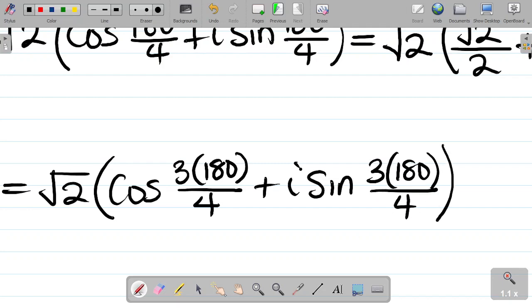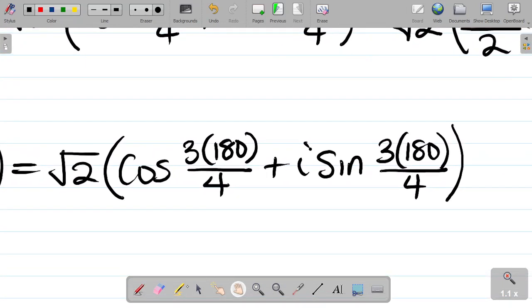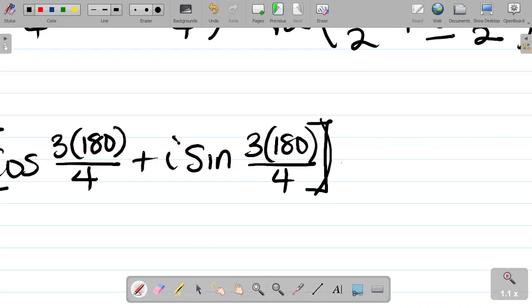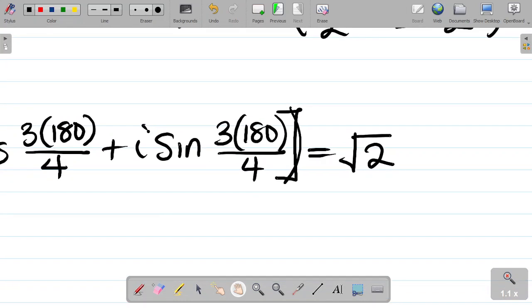Alright, let's solve this again. Of course, we should have used a square bracket, because you already have a round bracket inside. So let me use a square bracket here. This is equal to root 2 into, let's punch this. This becomes cos 3 times 180, then divided by 4.